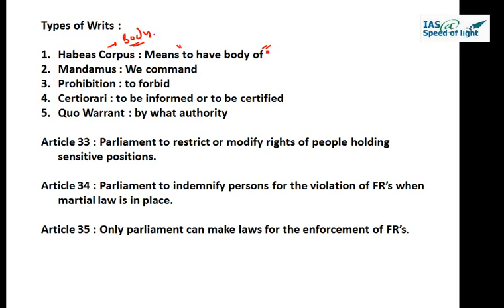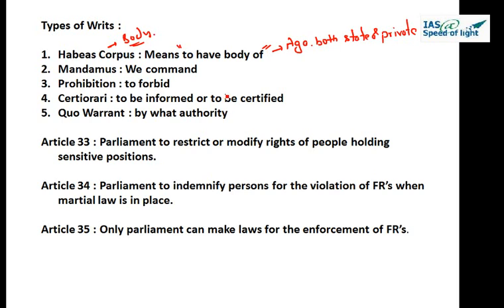This can be issued both against the state and private individuals. If a person has been illegally detained, the higher court will ask the government people to produce that person in front of the court, to get the body of that person and present it in front of the court. It is against both state and private.